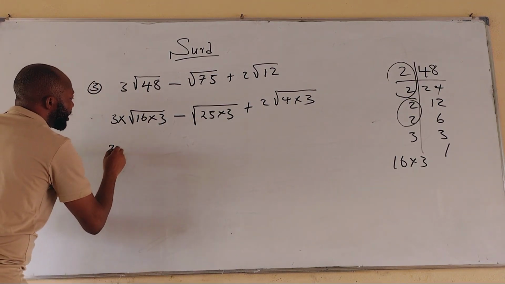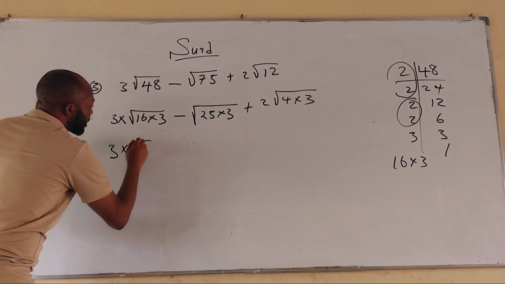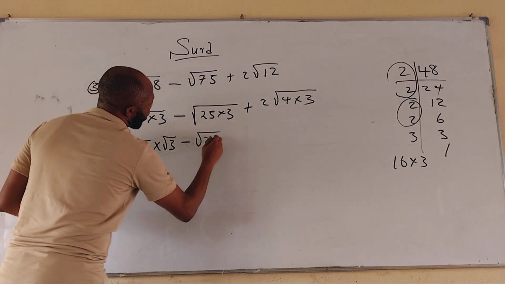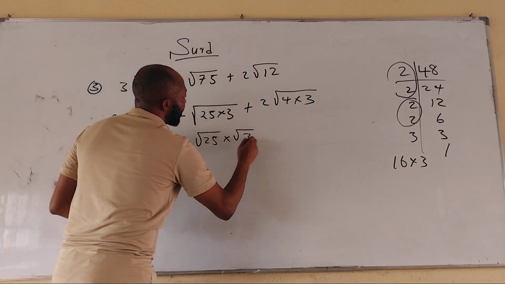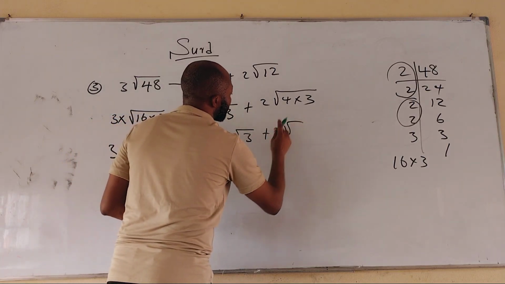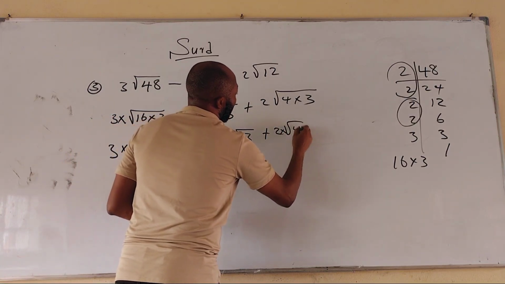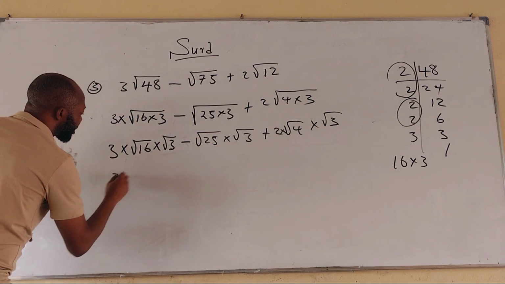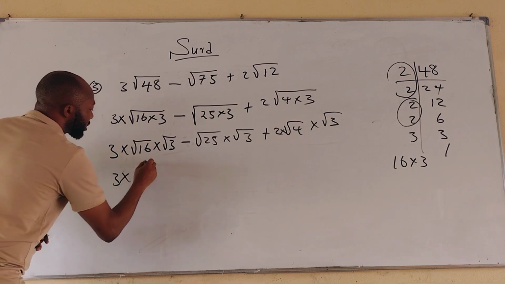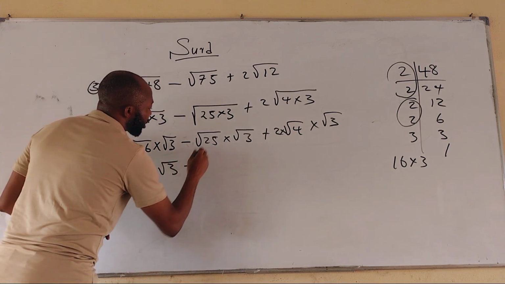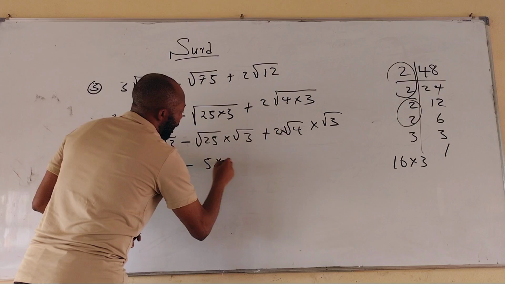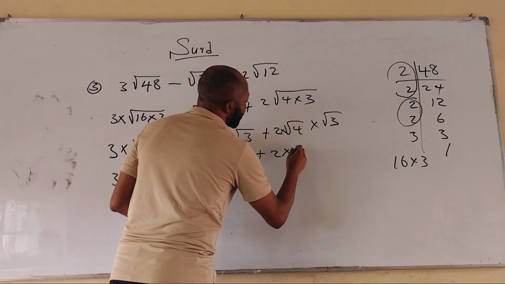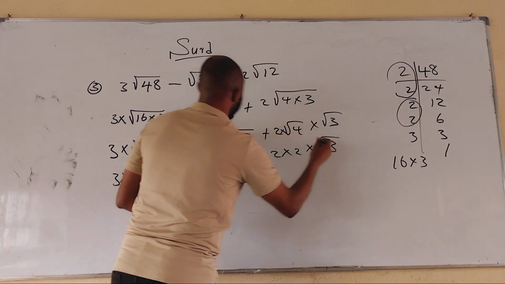I have 3 times root 16 times root 3 minus root 25 times root 3 plus 2 root 4 times root 3. So when I come down, I have 3 times root 16 is 4 times root 3, minus root 25 is 5 times root 3, plus 2 times root 4 is 2 times root 3.